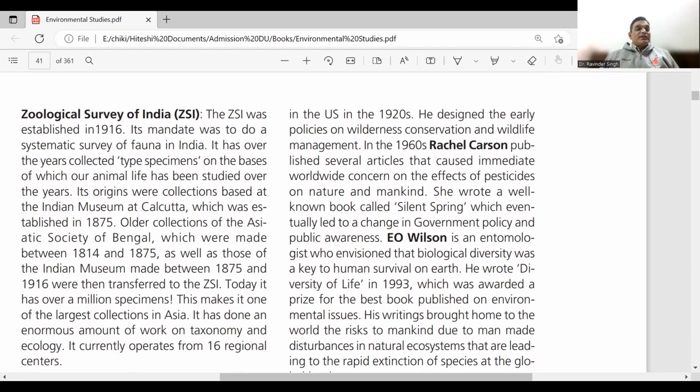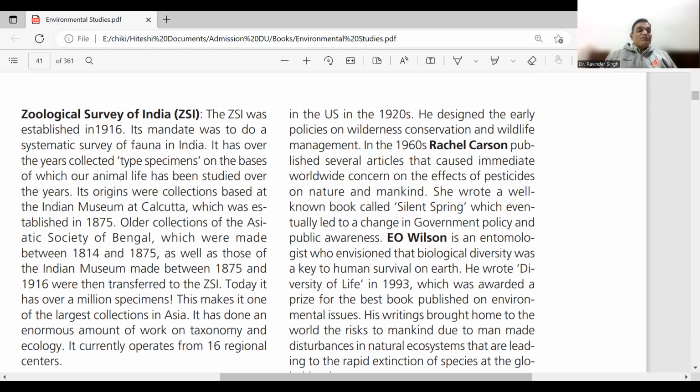Its origins were collections based at the Indian Museum at Calcutta, which was established in 1875. Older collections of the Asiatic Society of Bengal, which were made between 1814 and 1875, as well as those of the Indian Museum made between 1875 and 1916, were then transferred to the ZSI.